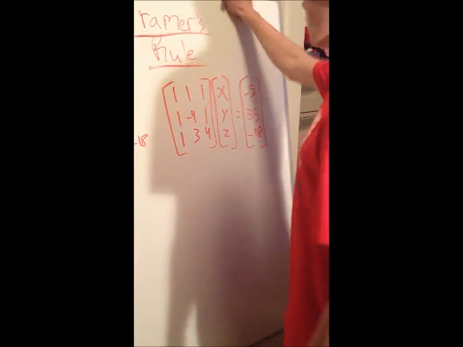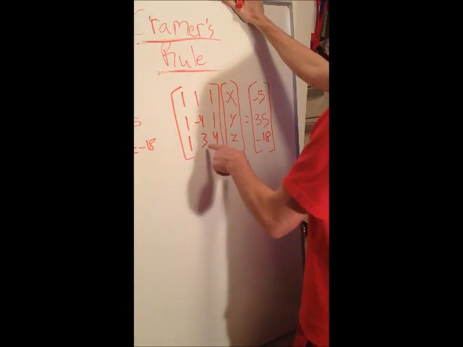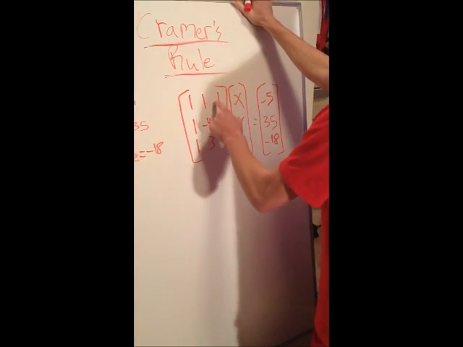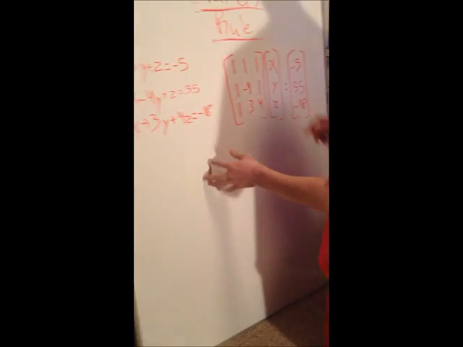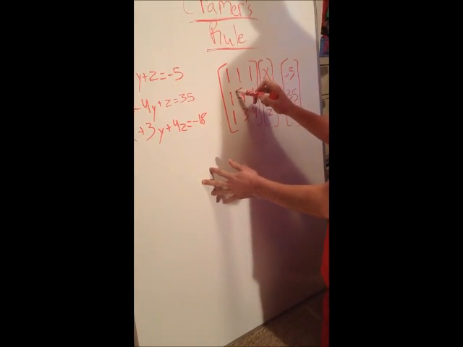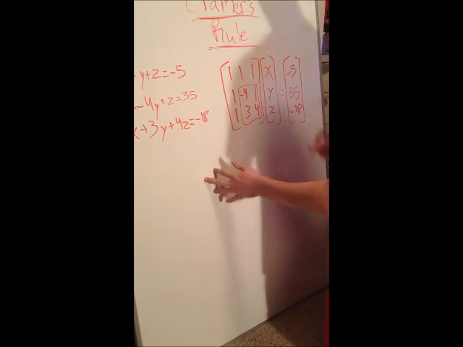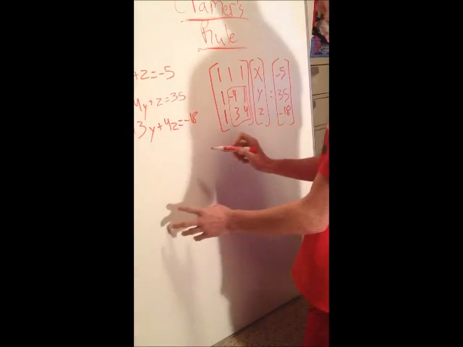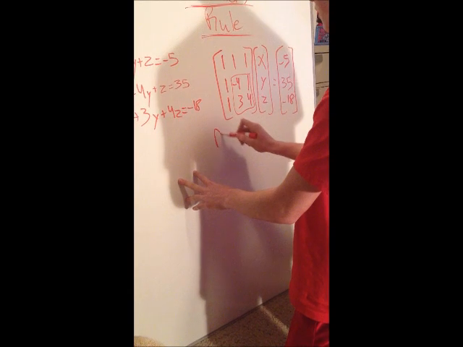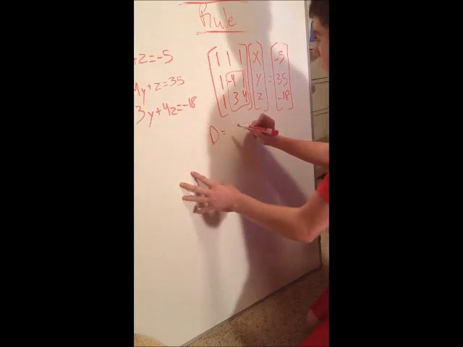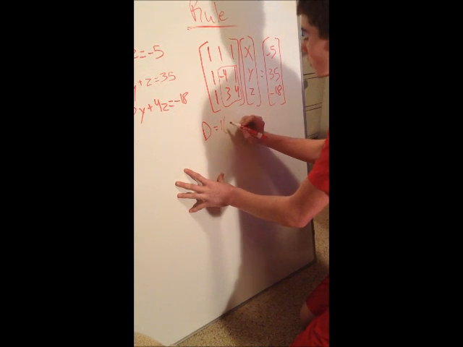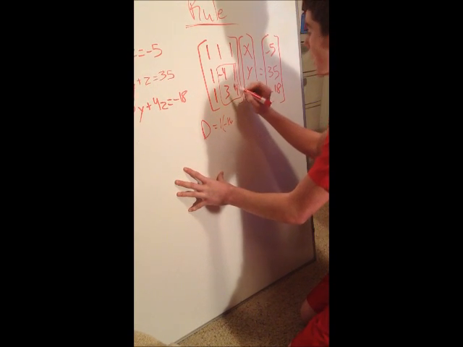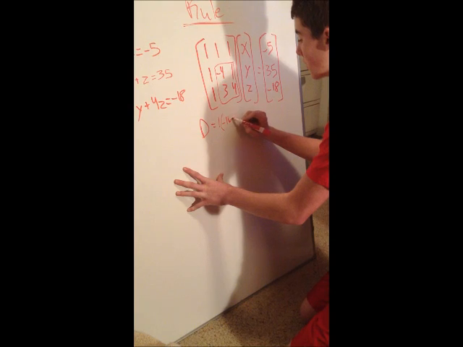So, the first thing you're going to start off doing is you're going to find the determinant of this matrix C. So you're going to start off by doing this top left number, and you're going to multiply that by the determinant of this little 2 by 2. So you're going to get the determinant equals 1 times -4 times 4 equals -16 minus 3 times 1 equals 3.